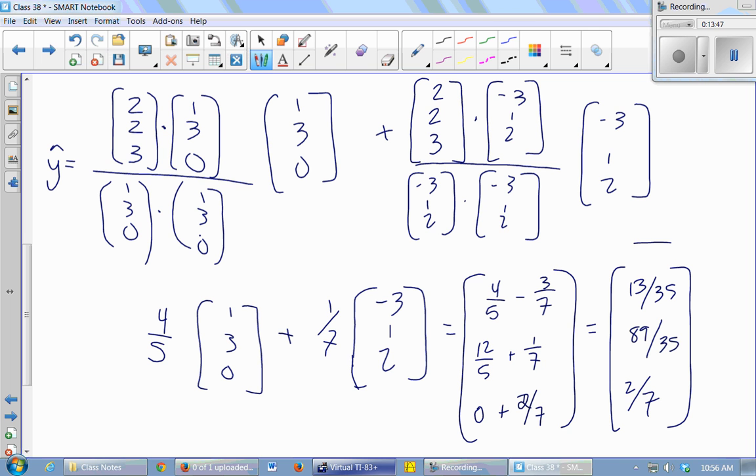Okay, so there is my orthogonal projection of y onto W. And you calculate z the same way we calculated z in 6.2. It's y minus y hat.